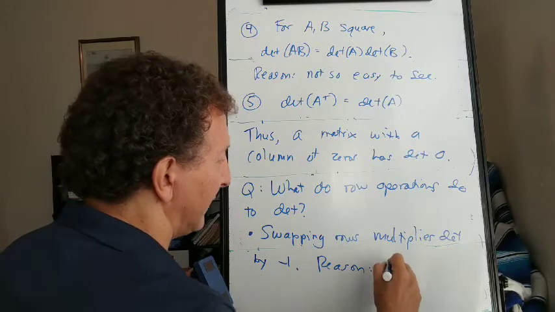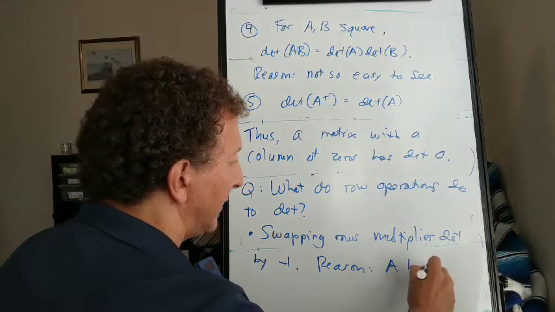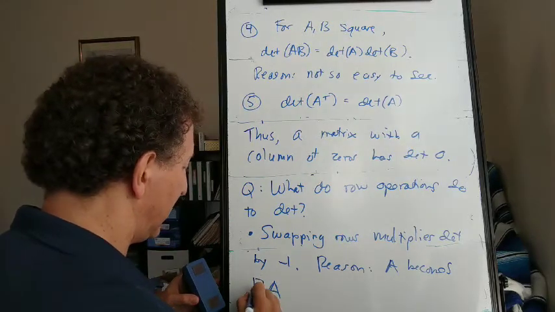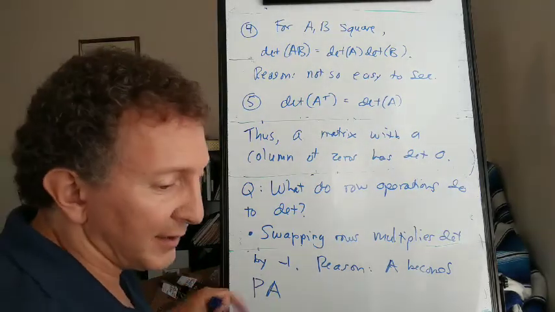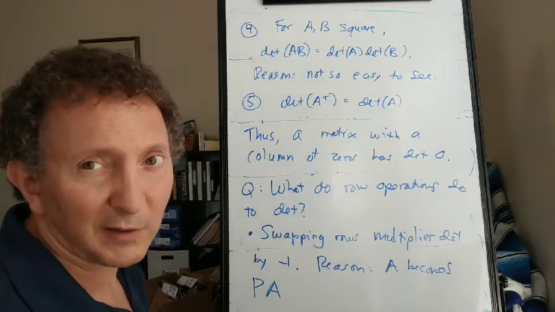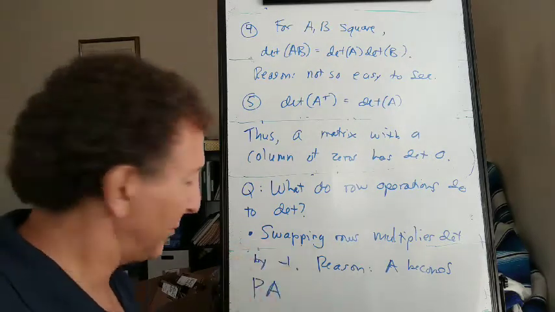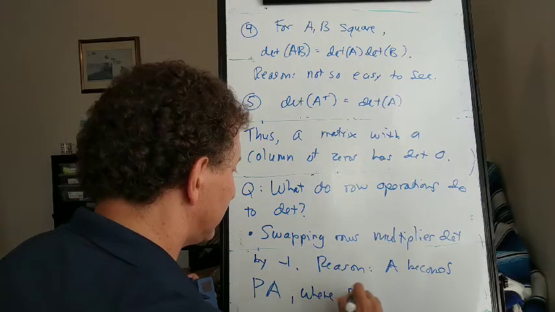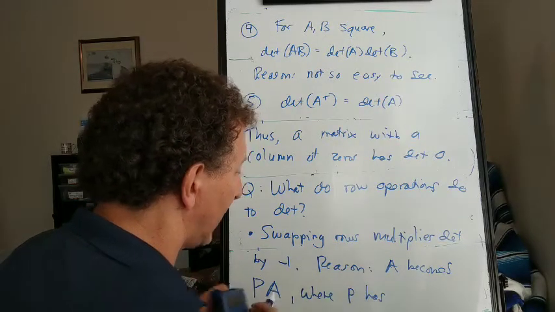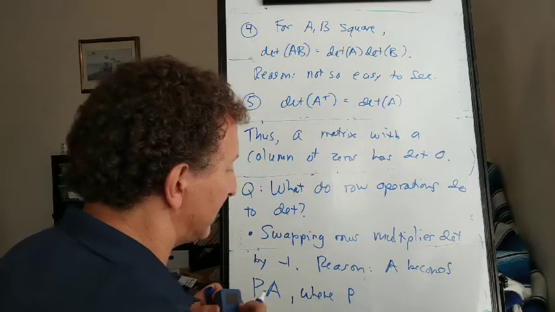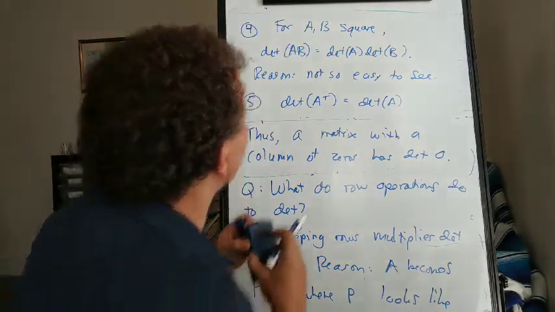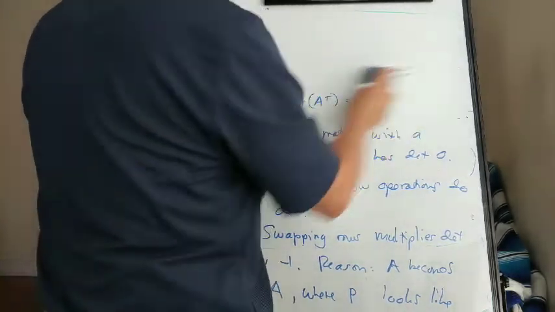The reason is that A becomes PA, where P is the matrix that I drew before that looks almost like the identity, except it has 2 1s in the wrong place. Maybe I'll draw it again rather than saying it in words.